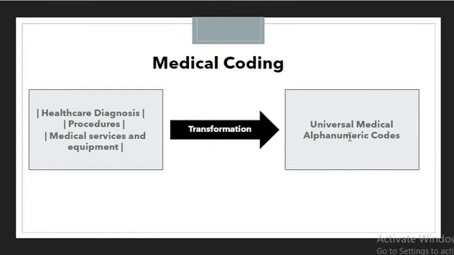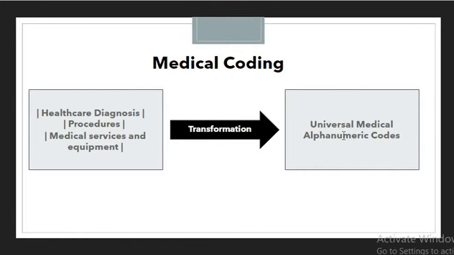There are some types of coding standards that we use in order to perform this medical coding process. We will discuss in upcoming sessions what standards we have and how we perform the coding. To perform this coding we need to learn about the terminologies, and there are many other things that we need to take care of.